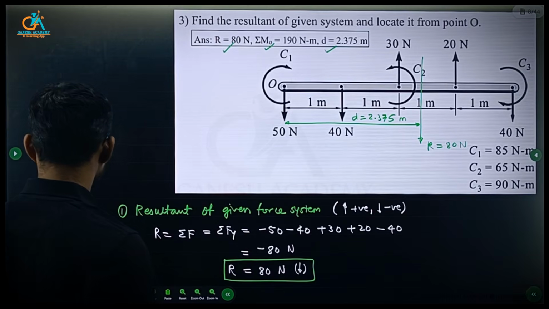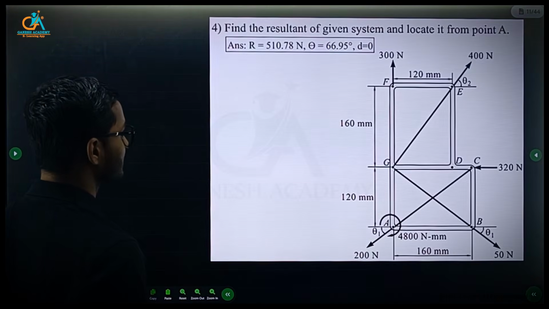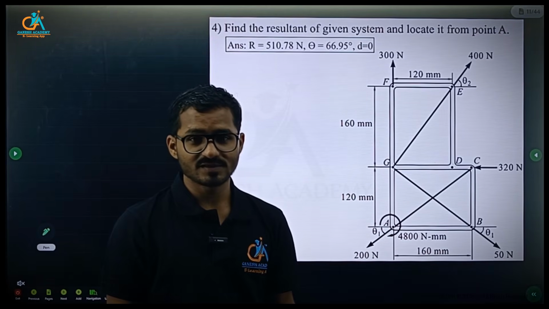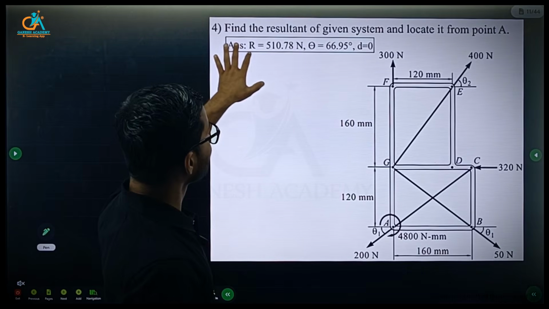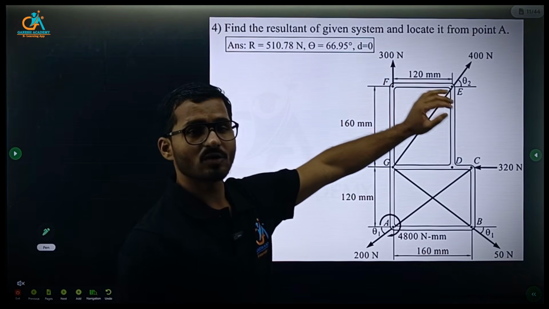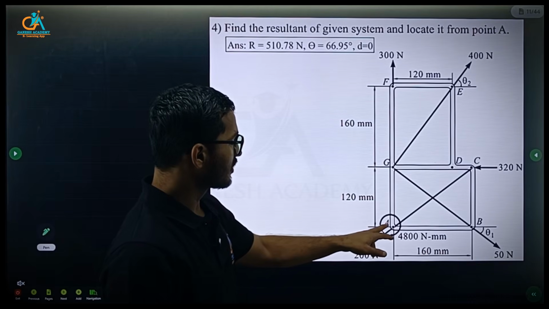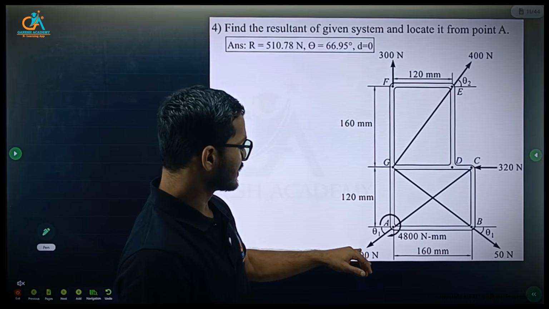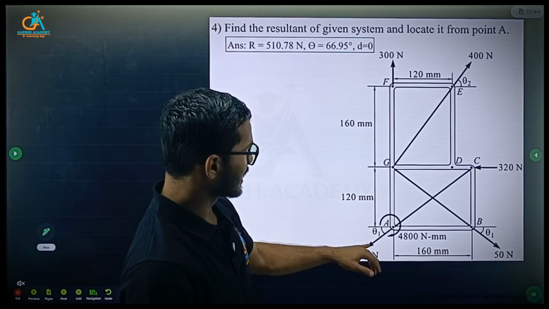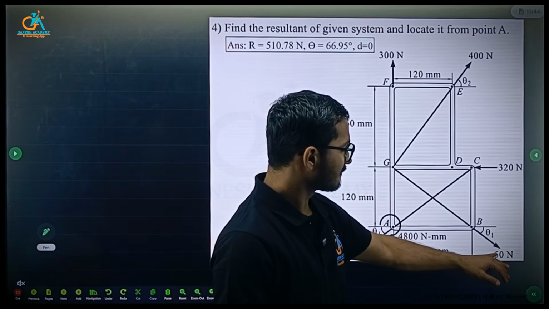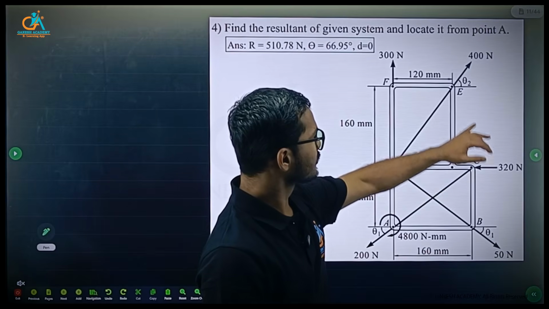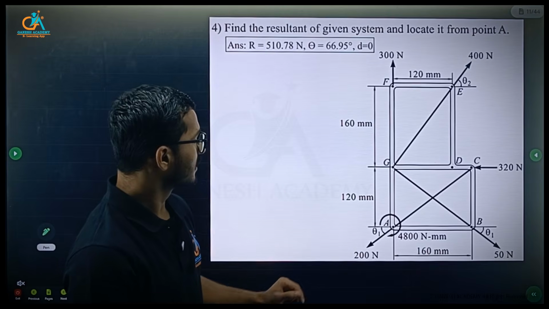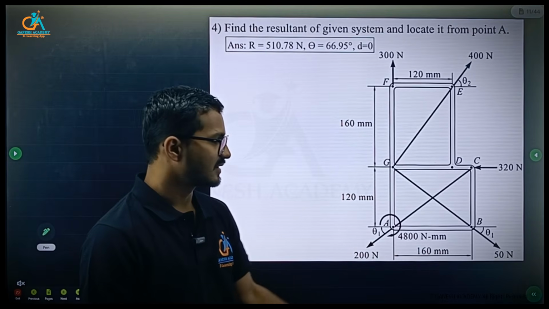So we solved this by using Varignon's theorem. In the same way, you can solve this numerical, which is again a general force system. What they are asking: find the resultant force of the given system and locate it with respect to point A, right? So again, this is a general force system in which there are forces like 200 Newton at an angle theta 1, 50 Newton, then 320 Newton, 400 Newton, and 300 Newton, acting at different locations.